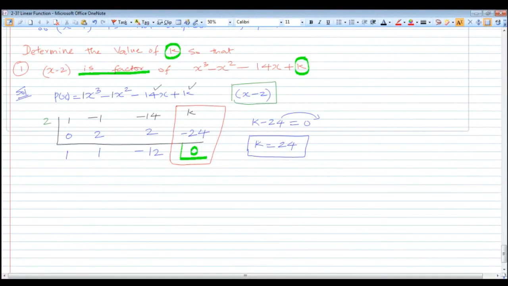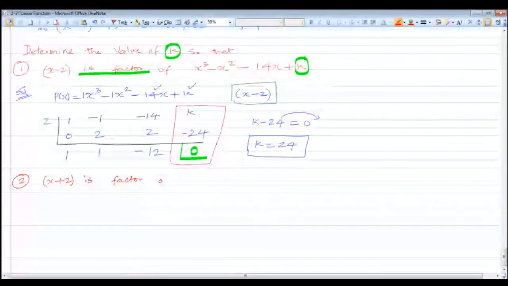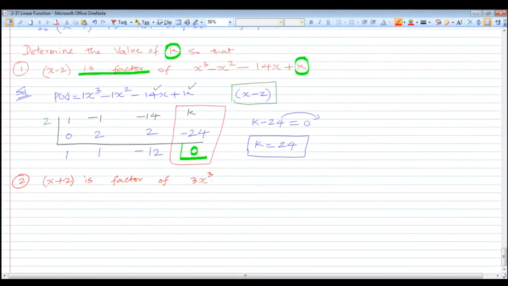So I just want to compare what is the difference. Here it is given the same thing: x plus 2 is a factor of the polynomial 3x cubed plus 14x squared plus kx minus 6.